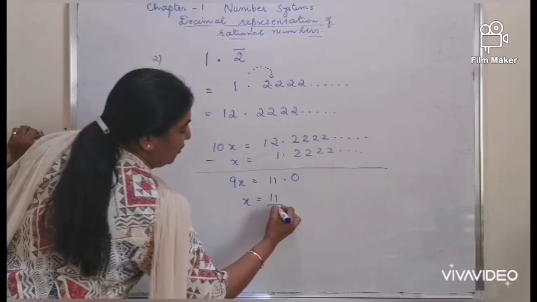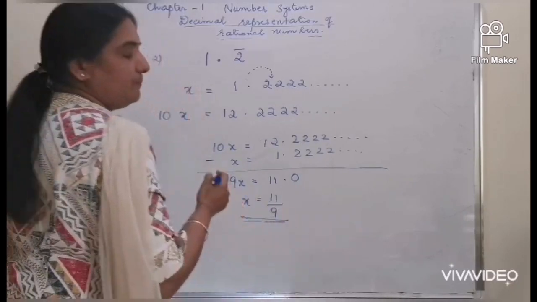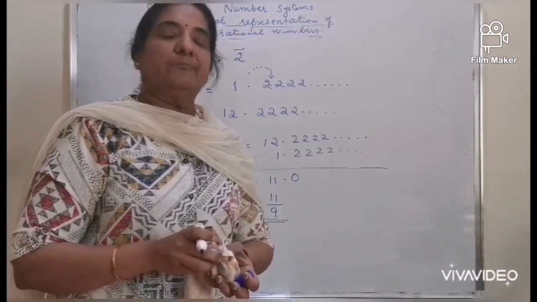Thus the P by Q form is x is equal to 11 by 9.